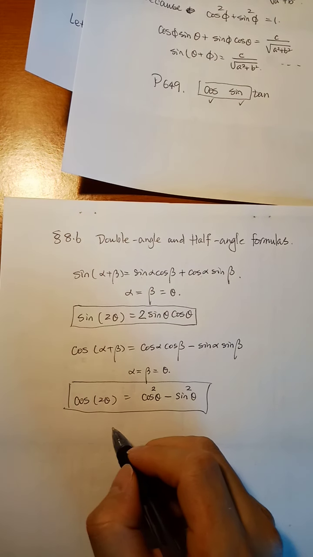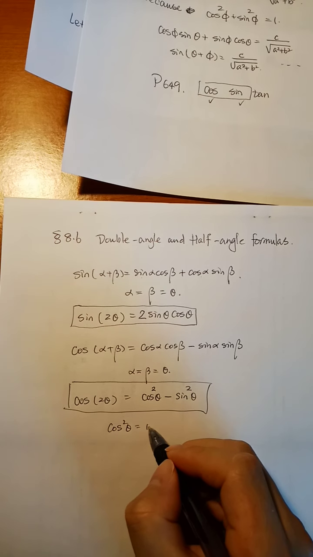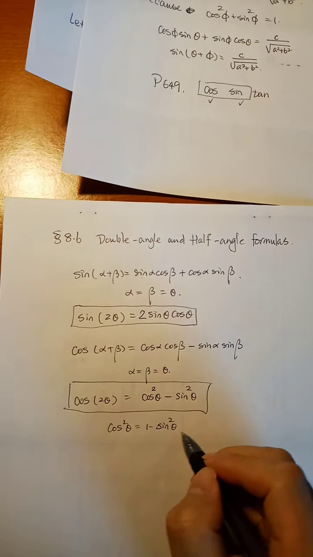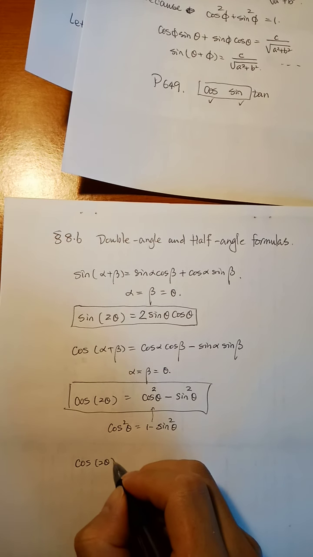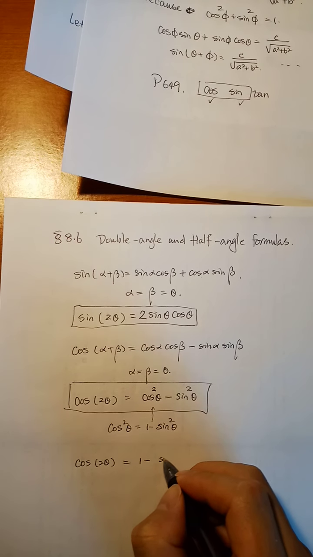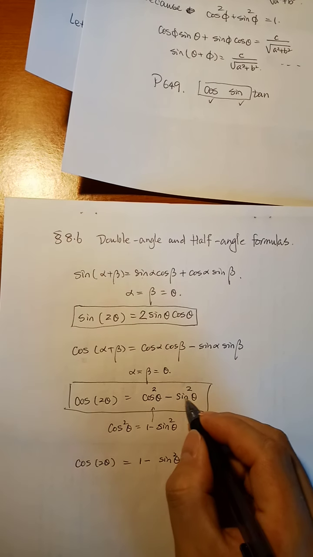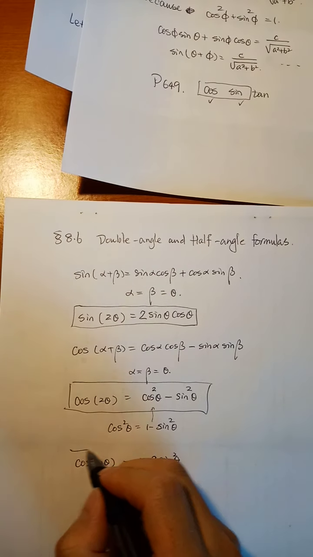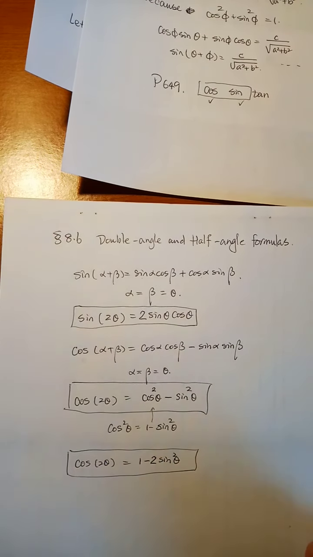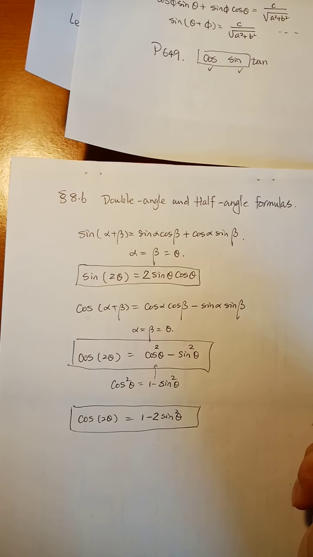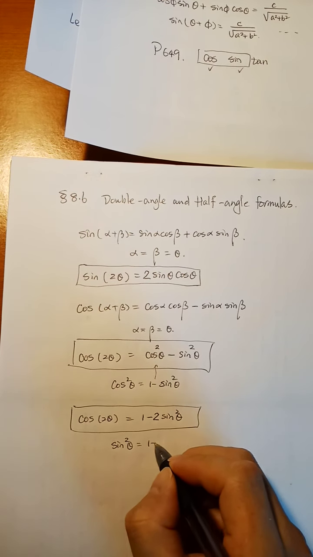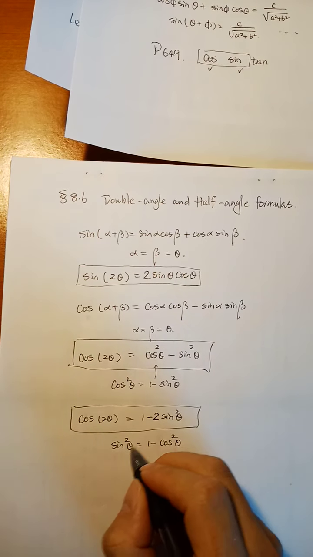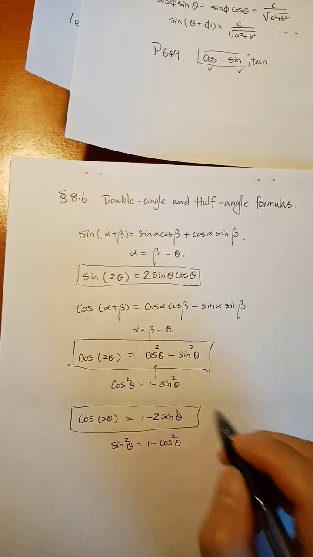Cool. And we know that cosine theta squared by the Pythagorean identity is 1 minus sine theta squared. You plug in here, you get the second formula for the double angle. So it's 1 minus sine theta squared, this is cosine, and minus another one, so 1 minus 2 sine theta squared. Right? And similar thing: sine theta squared is 1 minus cosine theta squared.